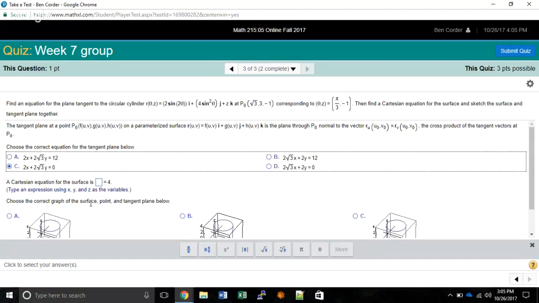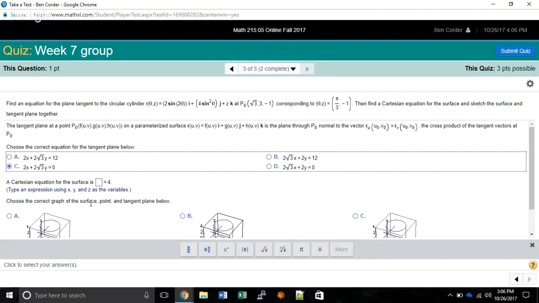What is a circular cylinder? It's going to be x squared plus y squared plus z, correct? Probably. I think so. Yeah, it has to be, because if anything was under it, it wouldn't be circular, it would be elliptical. Yeah.